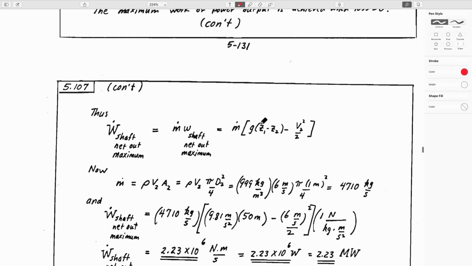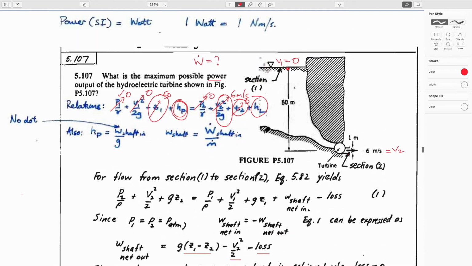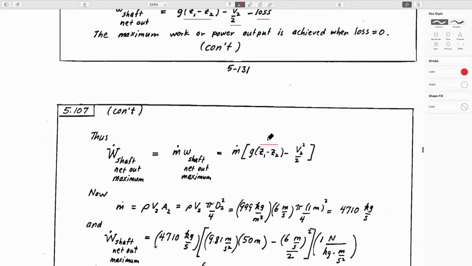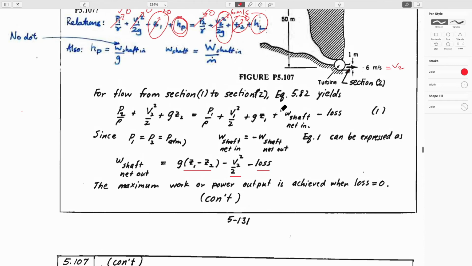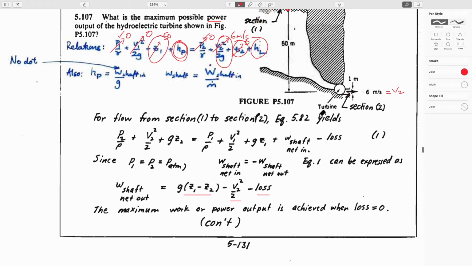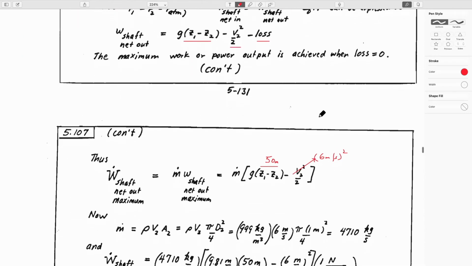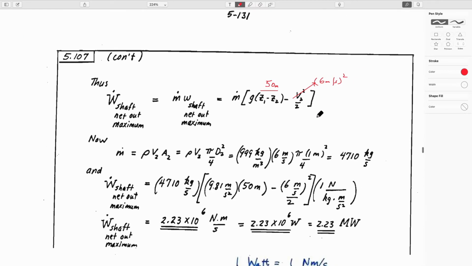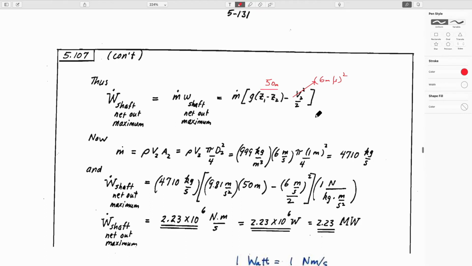We know this is 50 meters. This is equal to 6 meters a second, all squared, over 2. And mass flow rate, you must have a cross-sectional area, right? Must have a D2 somewhere. I don't see a D2.